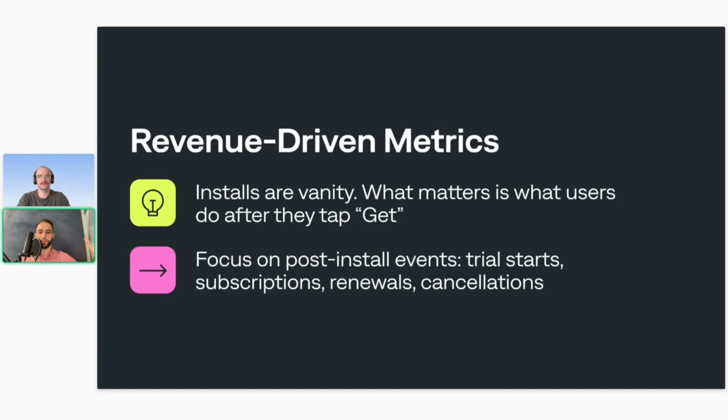You pay $4 per install, but 30% start a trial, which is 3 times more than in the first case. 15% convert, and your LTV is 3 times higher. So what I'm trying to deliver is that even though the second campaign looks more expensive upfront because you pay 2 times more for installs, it's the one actually making money. So high volume with low value is worse than low volume with high value.